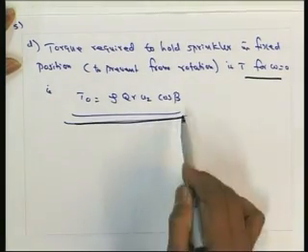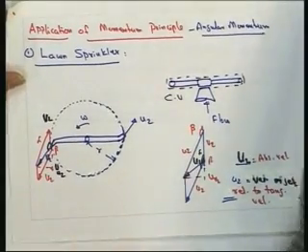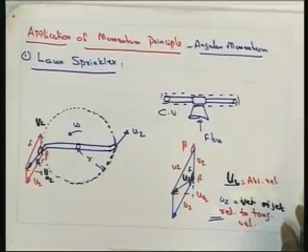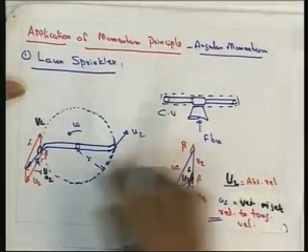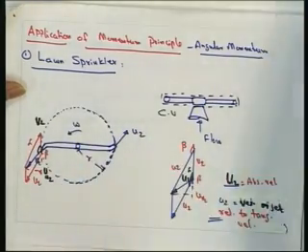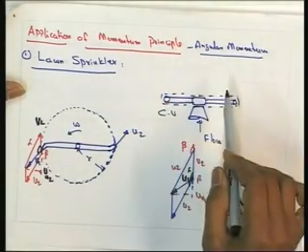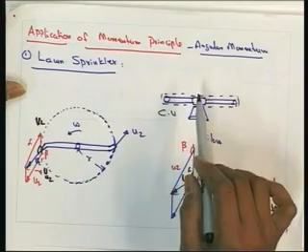So like this, for this system which we have seen here, a lawn sprinkler, which is a simple system, we can find out the torque, or if you want to find out the angular velocity of the rotating arm, we can find out the various parameters using the moment of momentum or angular momentum principle, or the moment of momentum equation.